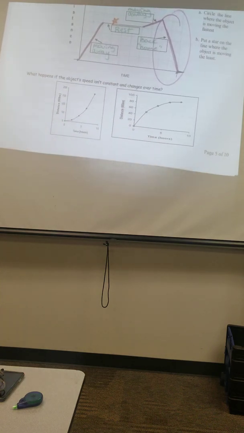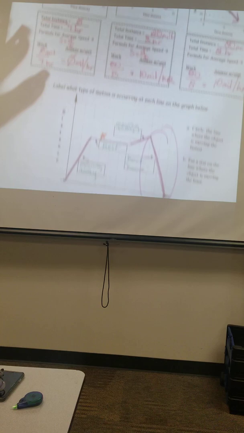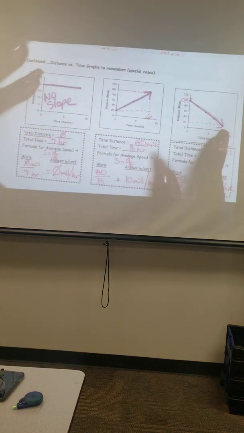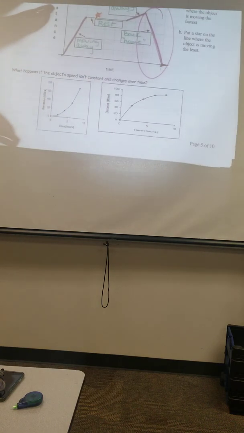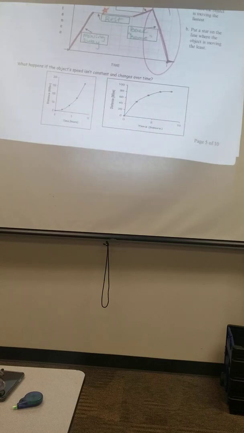Now let's look at this. DT graphs can be nice, pretty slope lines. But DT graphs can be curved lines as well. So what's happening on the DT graphs over here?